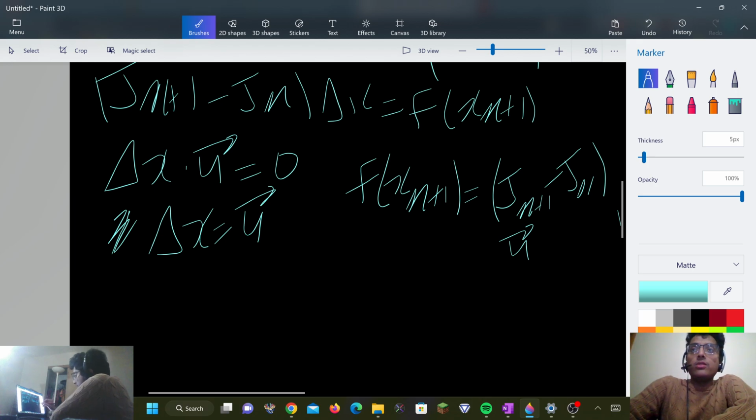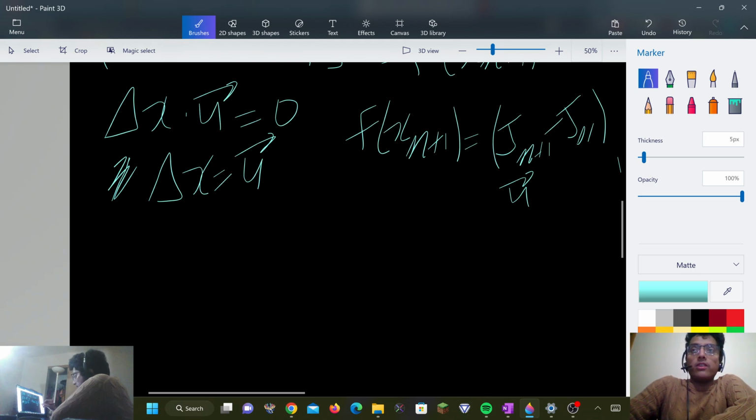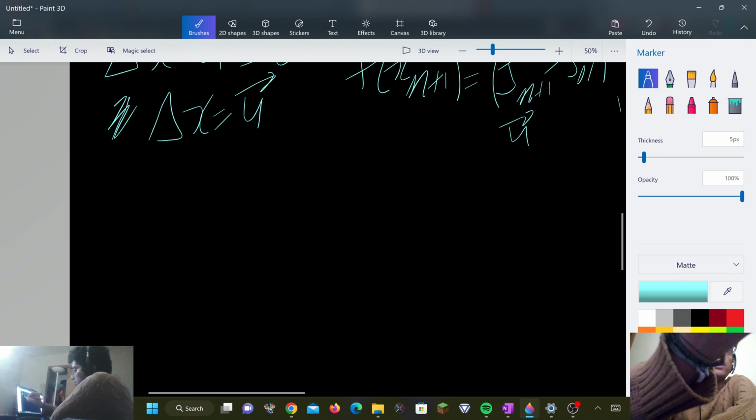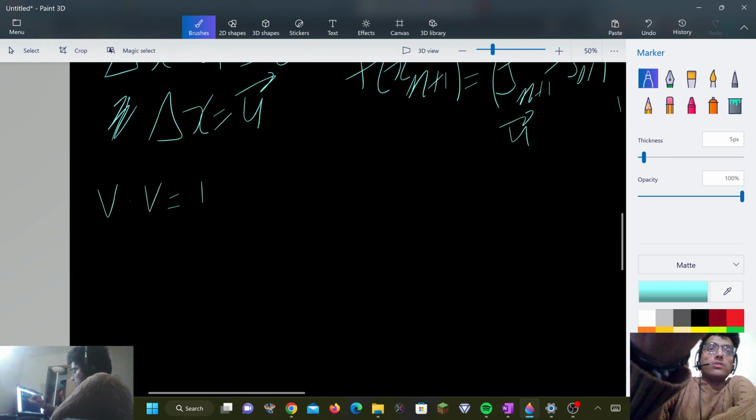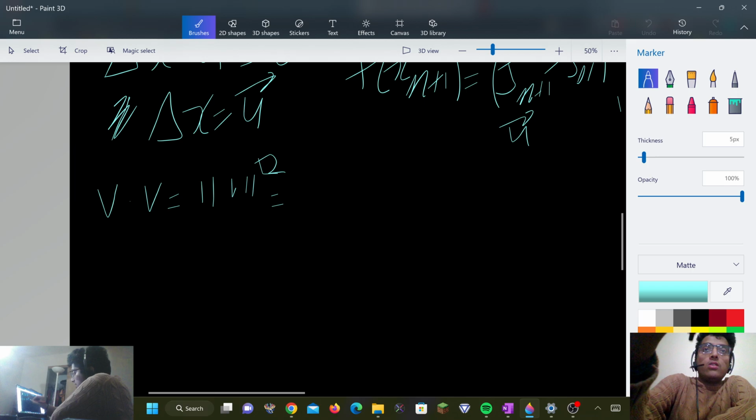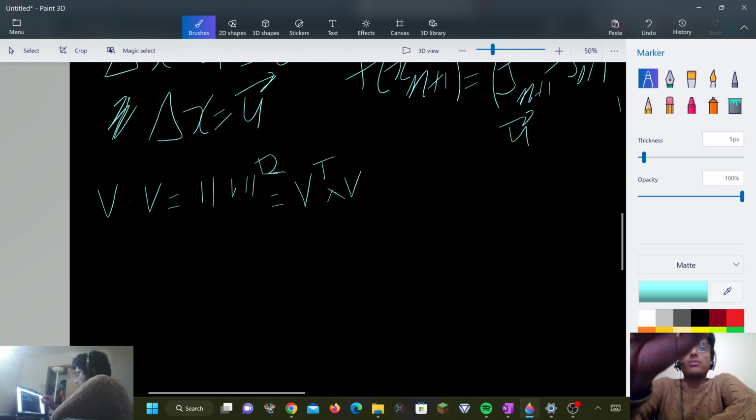Now, Broyden used a very cool theory. If I have a vector v, v dot v equals its magnitude squared, or it also equals the transpose of v times v, where this is matrix multiplication, not a dot product.